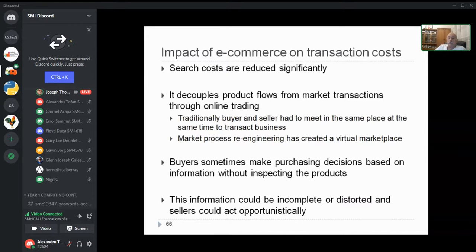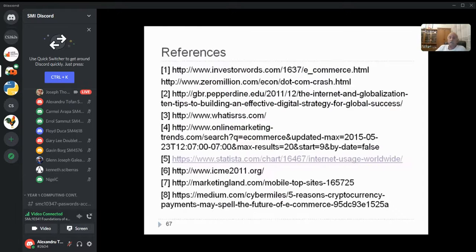Now, information could be incomplete or distorted, so sellers could act opportunistically. So we have to be very careful with whom we are transacting and the veracity of the information that we have at hand.